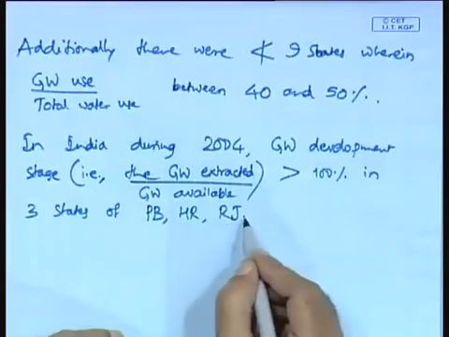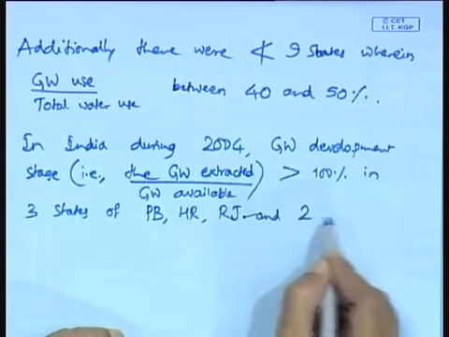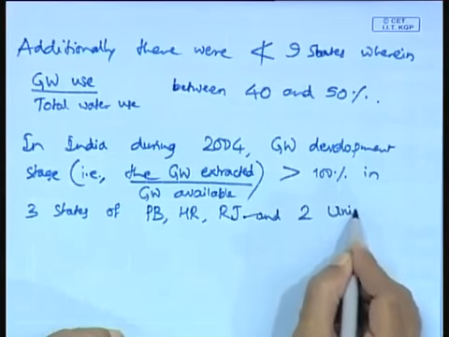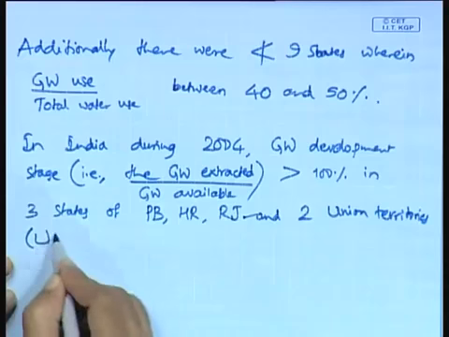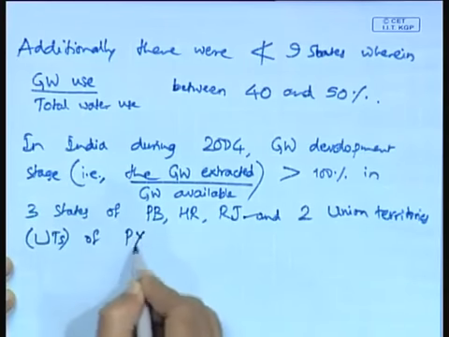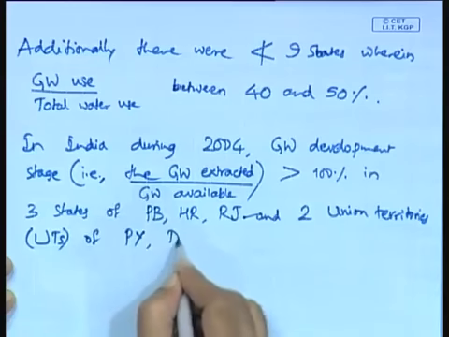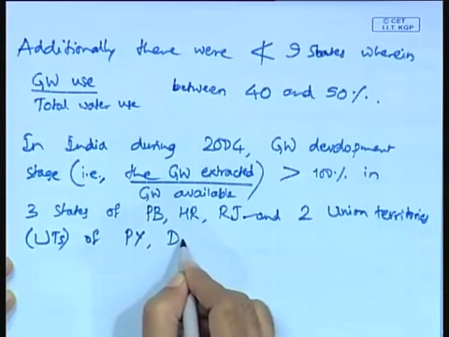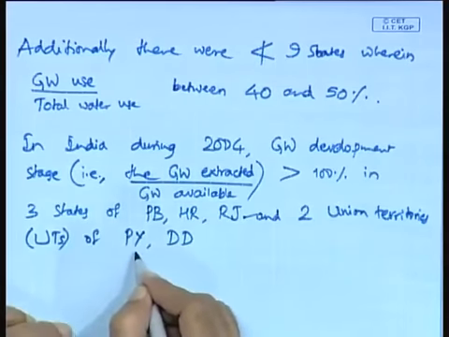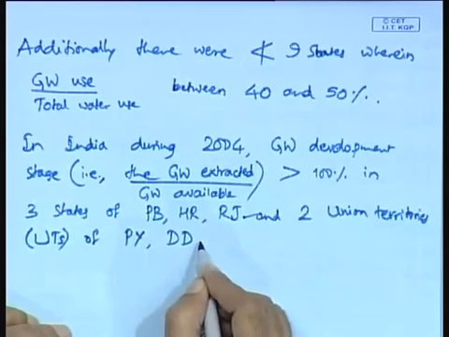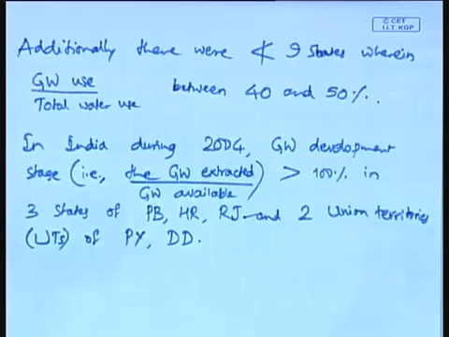And of course, I forgot to add here, 3 states of Punjab and 2 union territories, that is UTs of Pondicherry, PY, and Diu and Daman, DD, were between 50 and 100%.